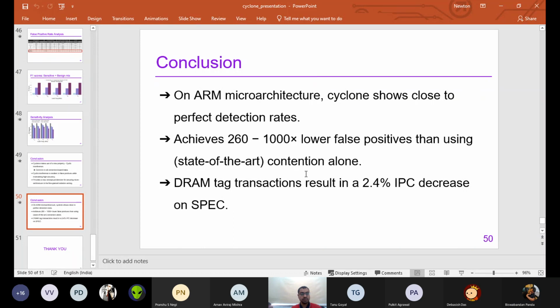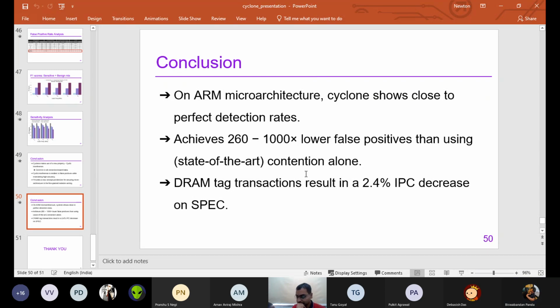Sorry to interrupt, Biswa. The DRAM part, what Kirti said was right, and what you said about the caches was wrong, because they said that for the other detectors, with the kind of partitioning you do, you have this 33% average slowdown and 40% maximum slowdown. With Cyclone you should not get that slowdown.